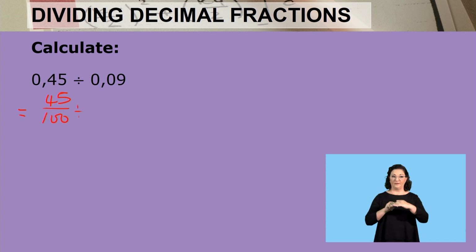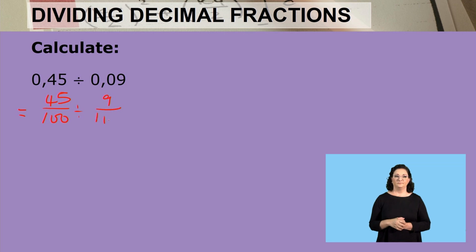We're dividing by, this one is actually 9 hundredths. So we will have 9 out of 100. And remember, we can't actually divide, so we introduce tip and times. So this would be equal to 45 hundredths multiplied by 100 out of 9.